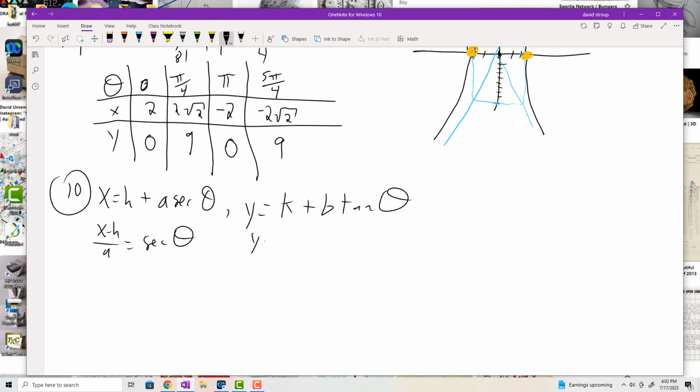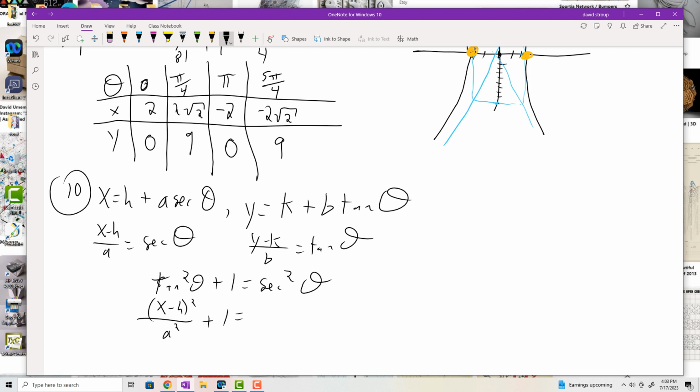The other one, y minus k all over b equals tan. And then your formula, tan squared plus 1 is secant squared. Substitute, and you're starting to see it's some sort of conic section. Oops, I put the terms in the wrong order.